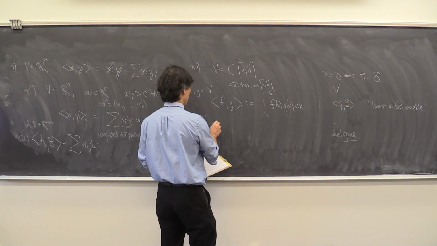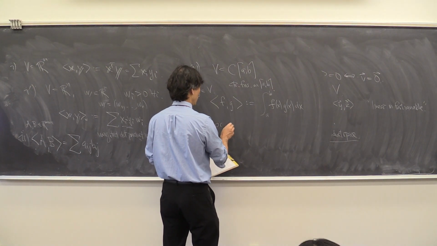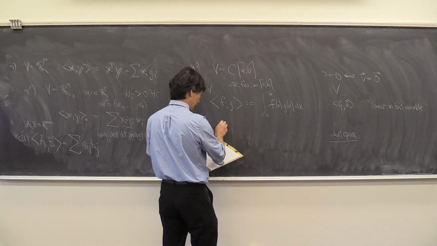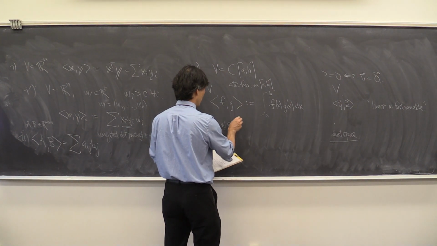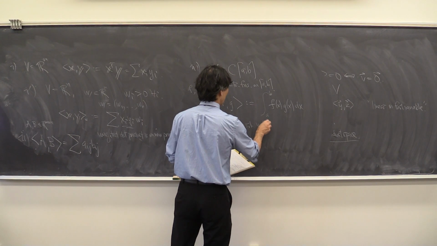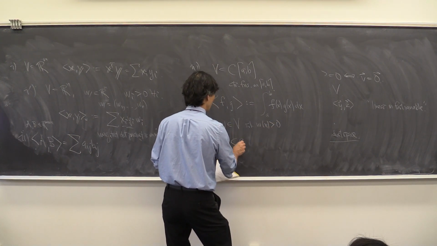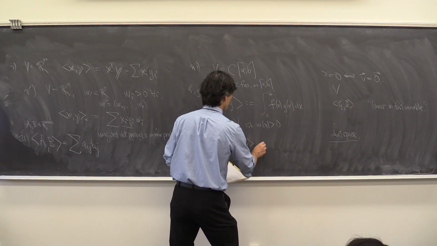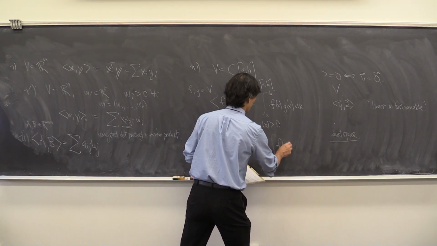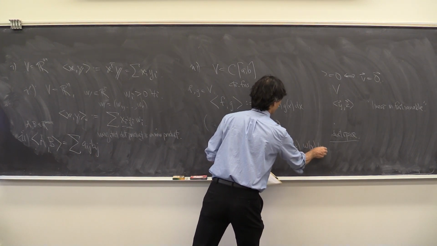And as usual, if you have some W in V such that W is always greater than 0, then you can create a weighted inner product by integrating one function against the other, but also with some weight.